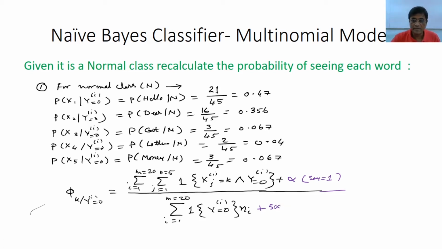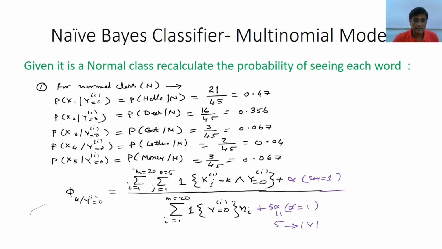So for each male there will be one, for each word there will be one alpha. I have 5 words, so 5 alpha here, alpha equals to 1, so it is equals to 5. So this is the number of actually vocabulary. In case of 20,000, the vocabulary is 20,000, or 10,000, so that number will be here.